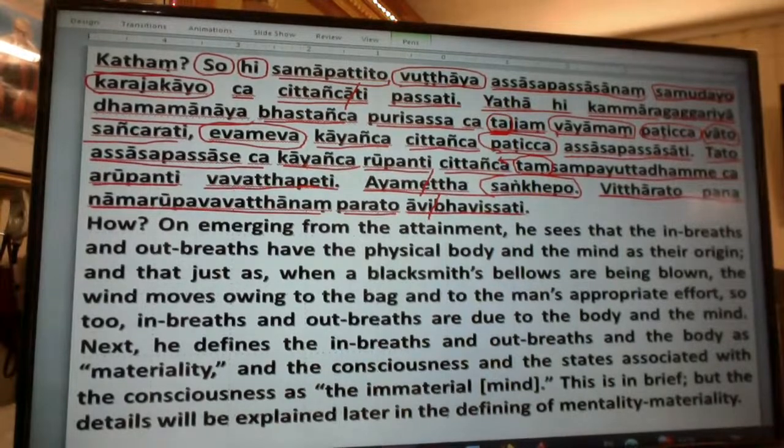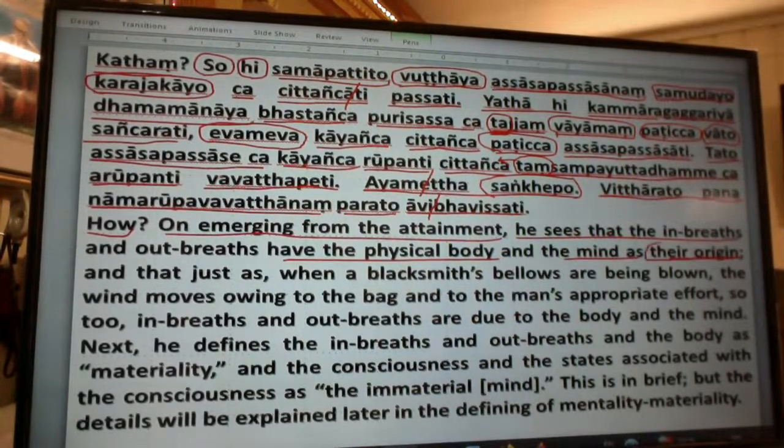Okay, so here is the English translation. On emerging from the attainment, that is, the attainment of the jhana, samapatti, the meditator sees that in-breath and out-breath have a physical body and a mind as their origin.